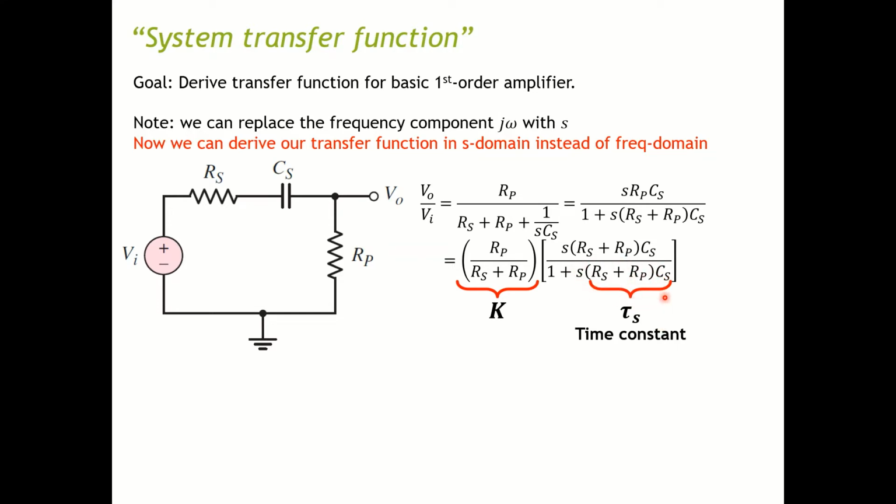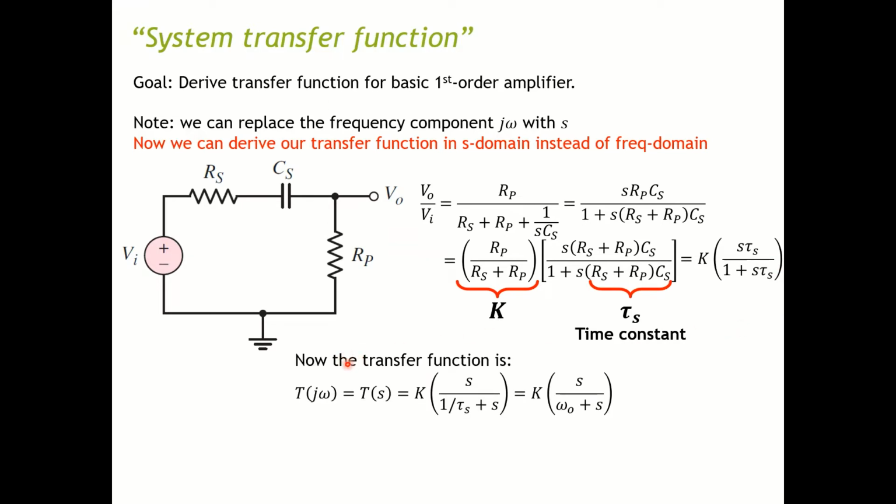This is called a time constant, and this time constant tau s is basically the time constant of this whole amplifier circuit. Therefore, we can now write our equation as K multiplied by S tau over 1 plus S tau.